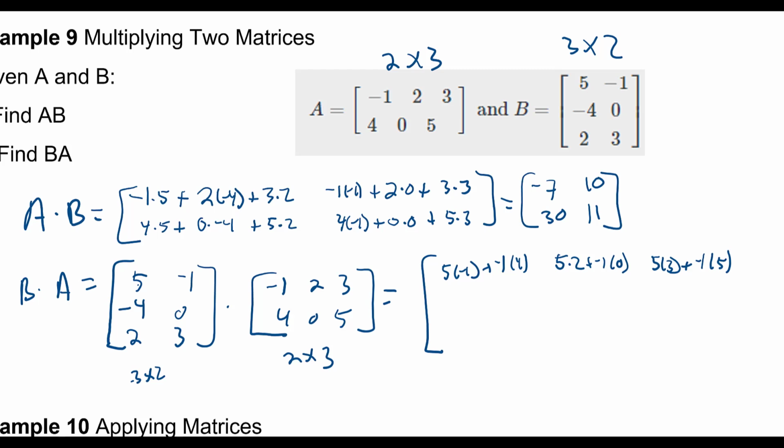Now we'll do -4, 0 times -1, 4. So -4 times -1 plus 0 times 4. -4, 0 times 2, 0. So it's -4 times 2 plus 0 times 0. Then we have -4 times 3 and 0 times 5.